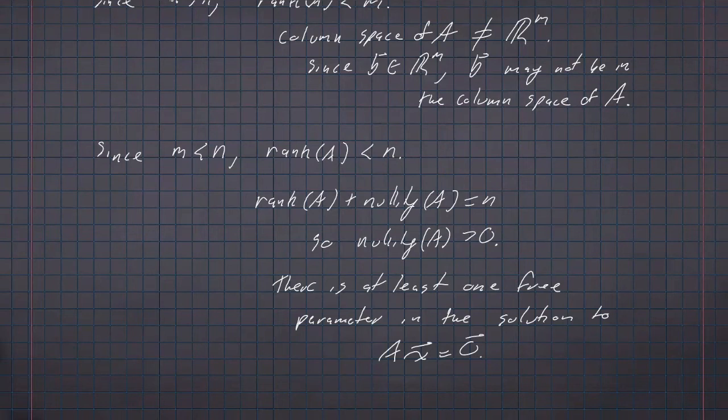That means that there's at least one free parameter to the solution AX equals 0, which means that there are infinitely many solutions to AX equals 0.